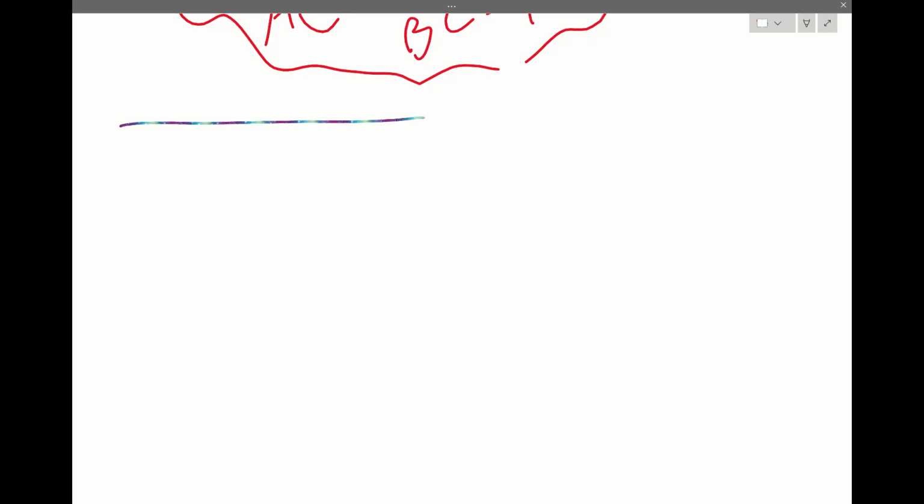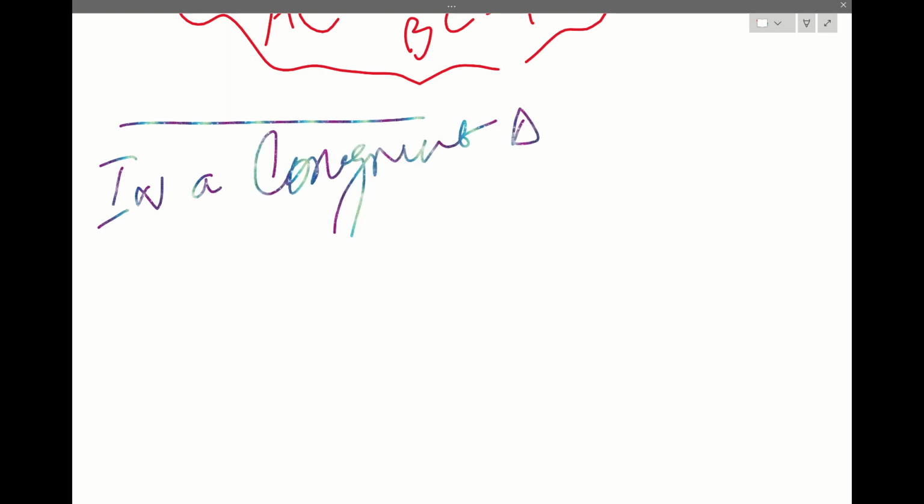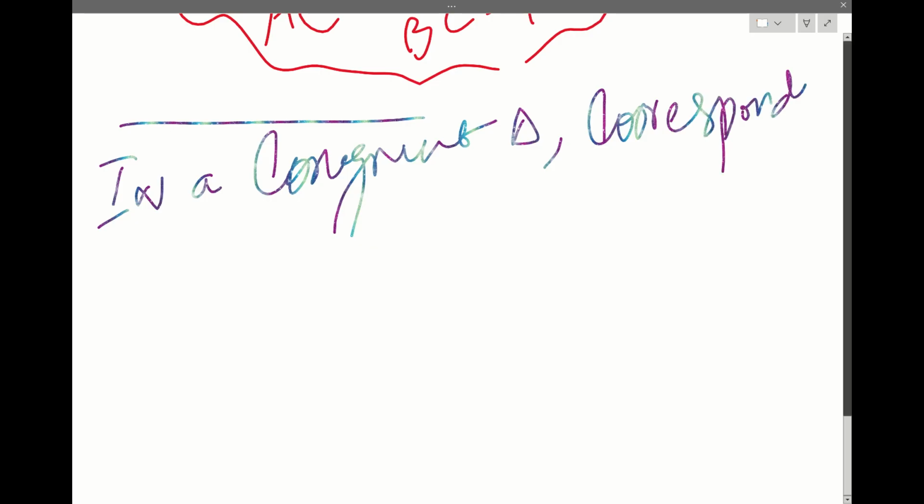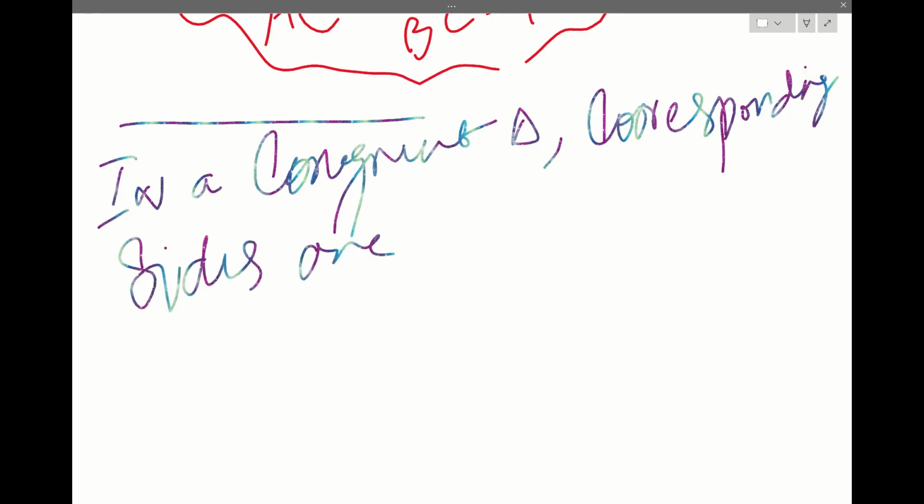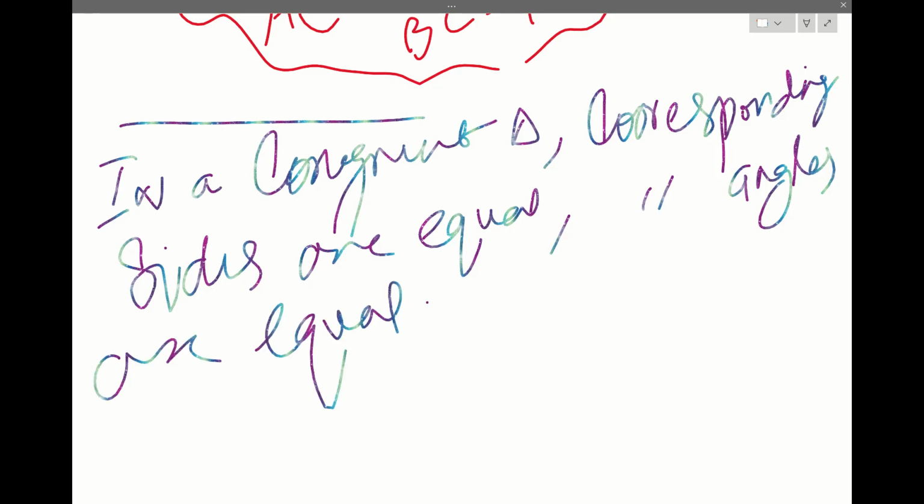So in congruent triangles, the sides are equal and the corresponding angles are equal.